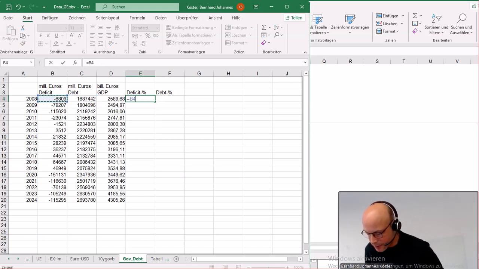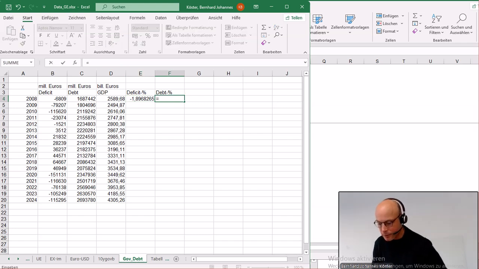So the deficit in millions divided by billions, so 1000 times GDP, hopefully.